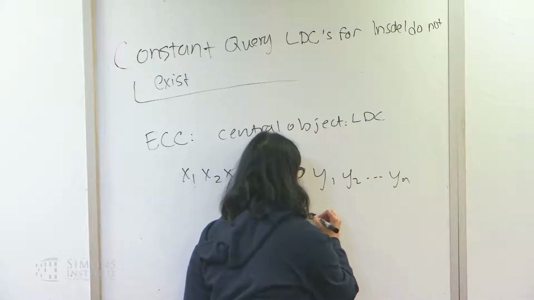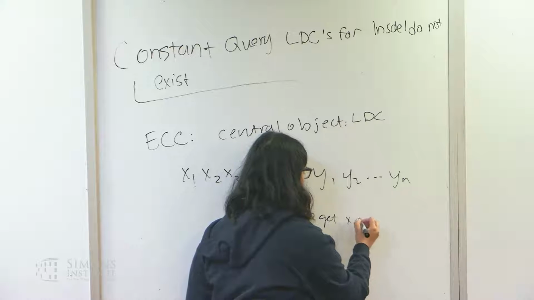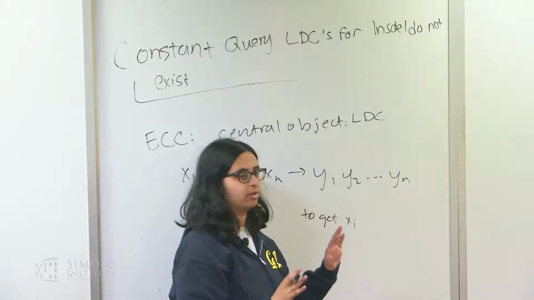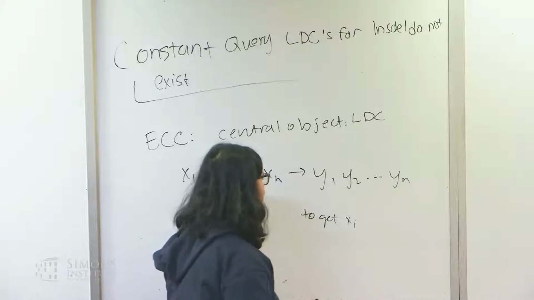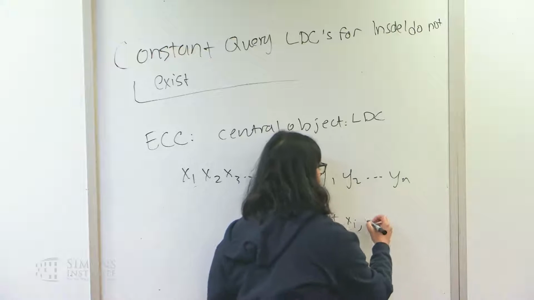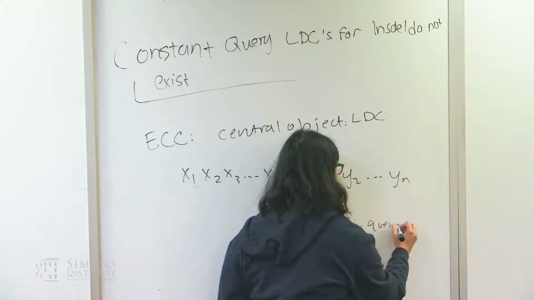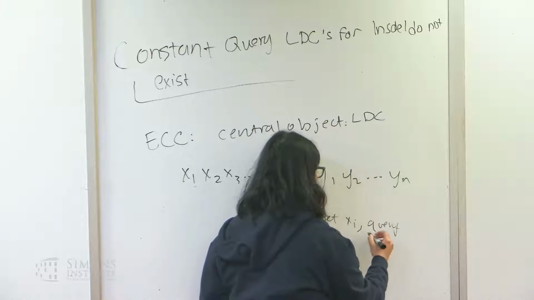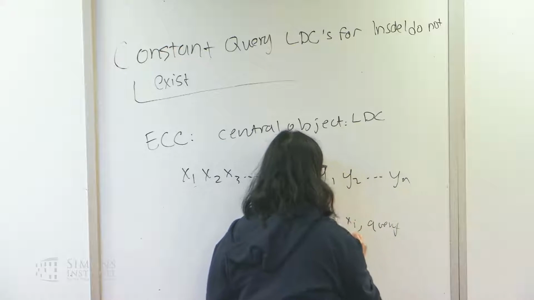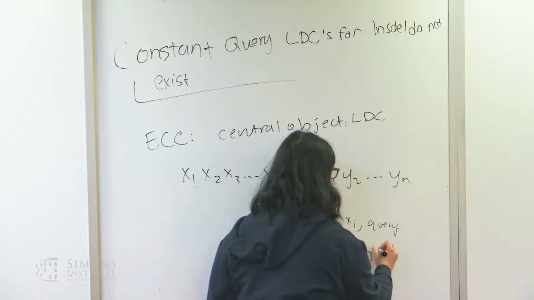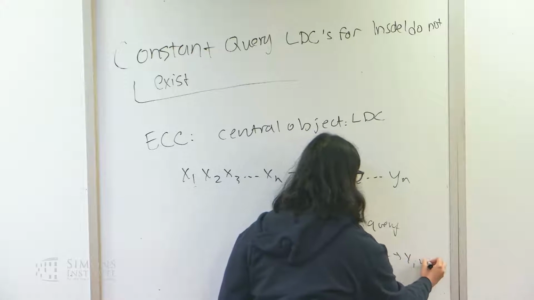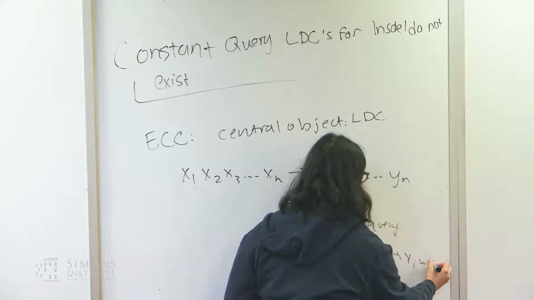So to get x_i, let's say with probability greater than 1/2 plus epsilon, or 2/3 or whatever you want, we need to query some set of indices, let's say y1, y3, y5, and that'll get us x_i with reasonable probability.